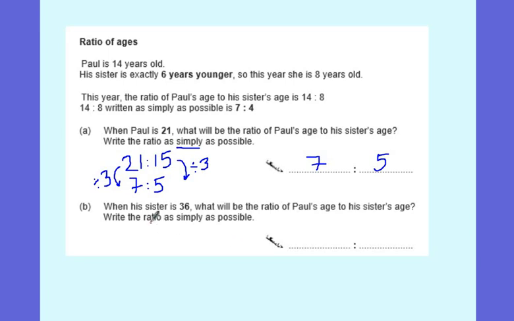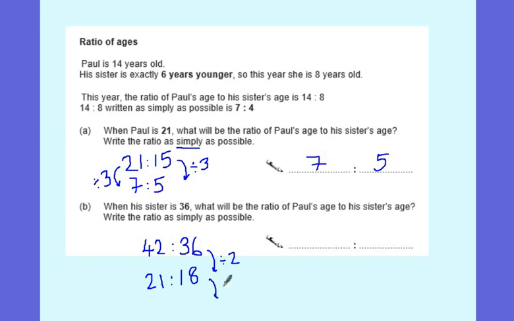Next question. His sister is 36. What will be the ratio of Paul's age to his sister's age? So this time his sister's 36. We know that Paul is going to be 6 years older, so Paul is going to be 42. Let's simplify that. If we divide both sides by 2, we're left with 18 and 21.